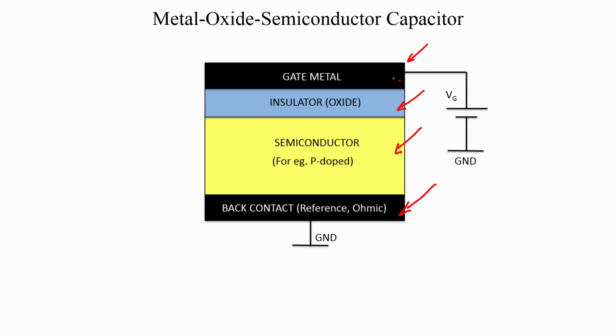This gate metal is given a gate voltage Vg, which is measured with respect to the reference. The reference contact is the back contact here, which we have set to ground, and Vg is with respect to ground.